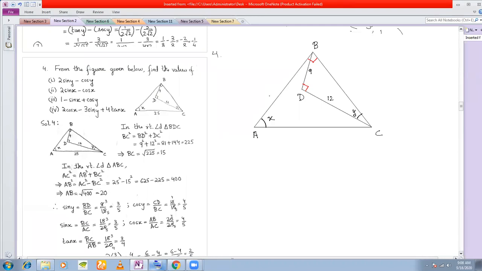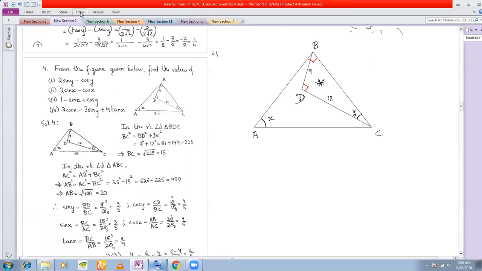What you see here in this figure is that there are two right angle triangles. The first is ABC, which is right angled at D, and the other right angle triangle is BDC, this one. The bigger triangle is right angled, and this triangle is also right angled at this point D.